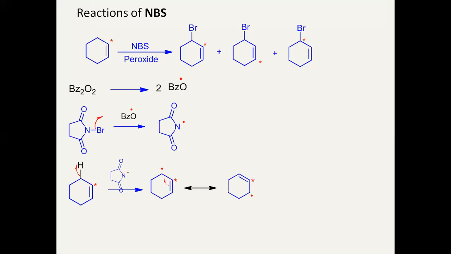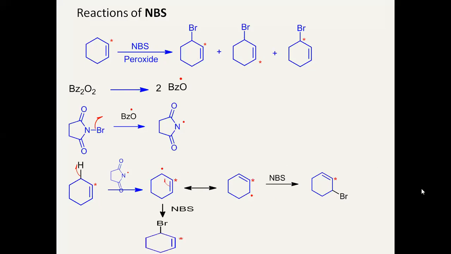This will arrange like this, and then bromine will be delivered by NBS at the site here, and in this way, this bromine can be attached to this carbon. It can attach to this carbon also, no problem. In both cases, this product is the same.